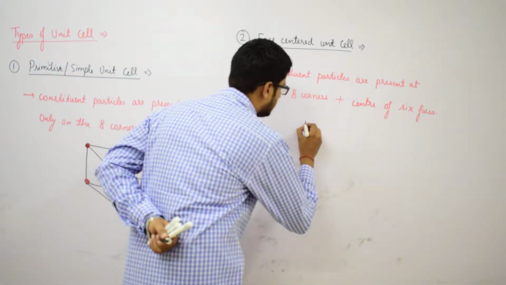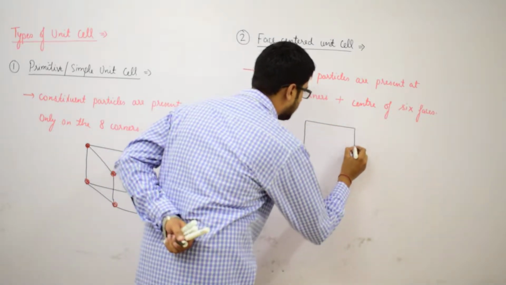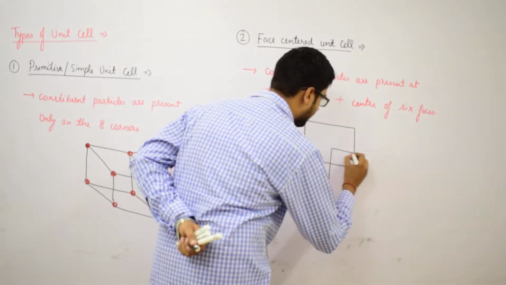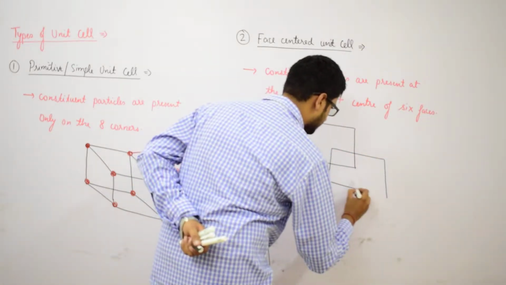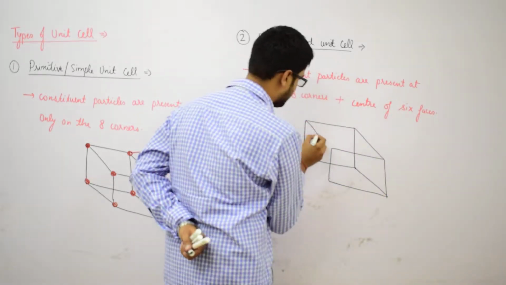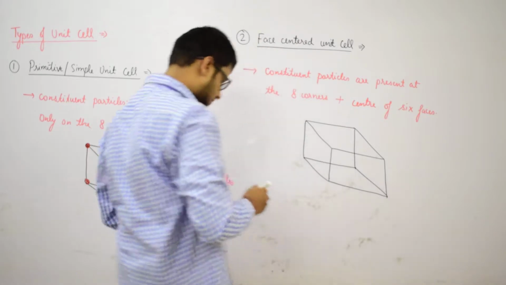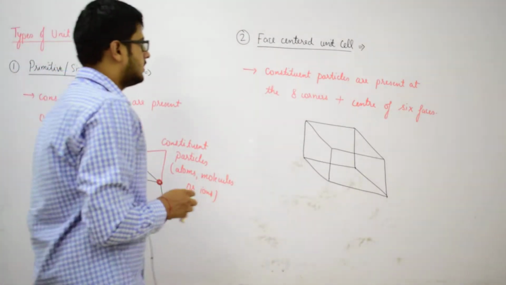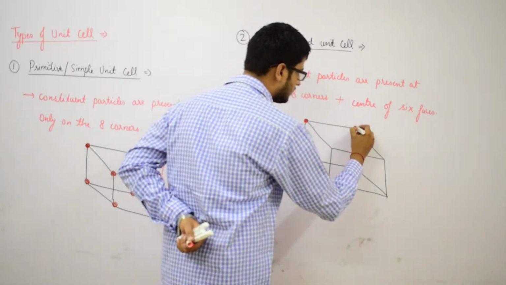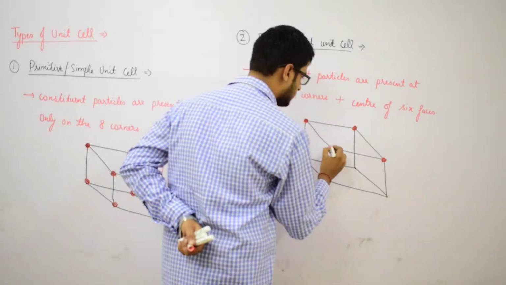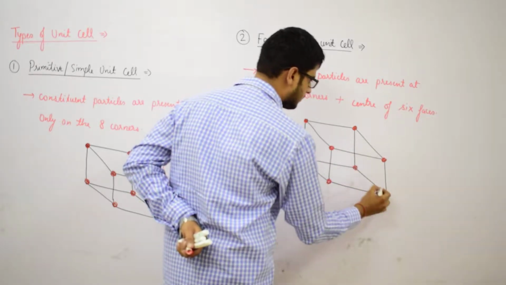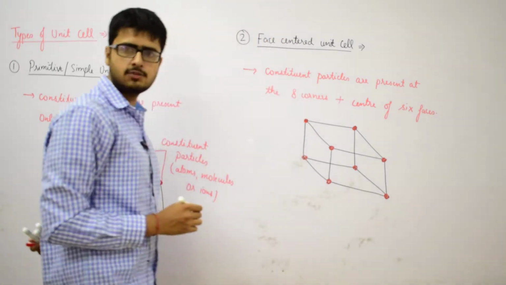So, let us see the case of FCC arrangement or face centered cubic arrangement. The particles are present on the 8 corners and also on the center of 6 faces.